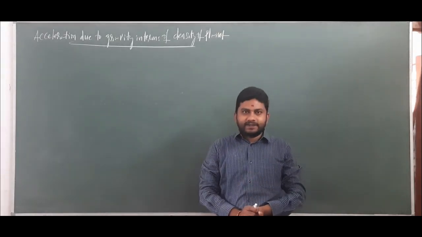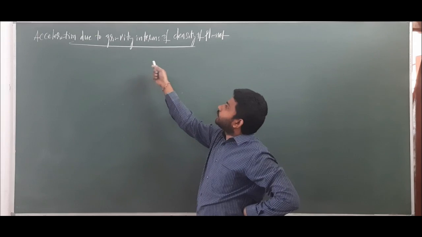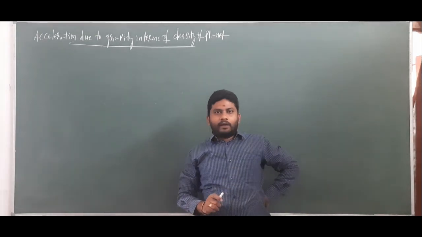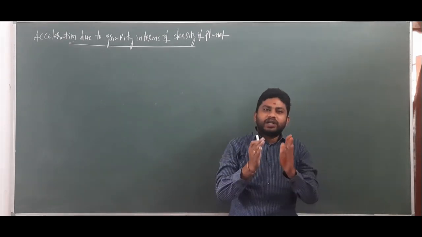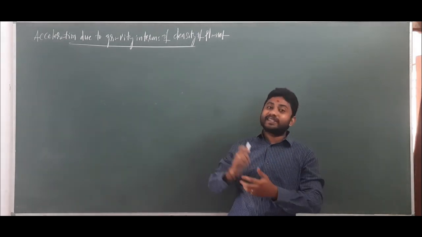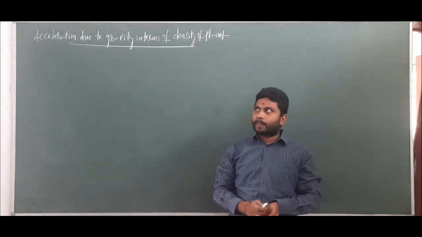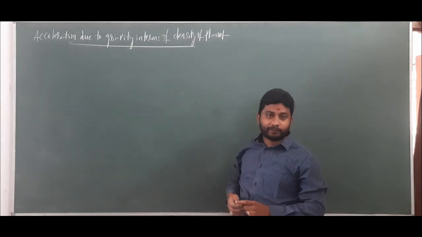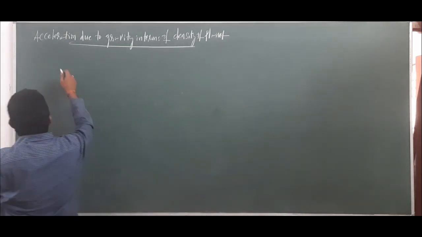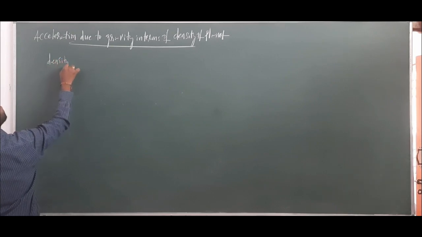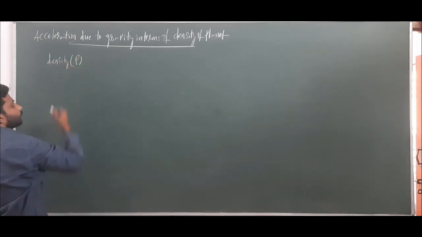Now, the topic is acceleration due to gravity in terms of density of a planet. Especially in your NEET exam, the questions can be asked based on this topic, because this is the relation between acceleration due to gravity and density of a planet. You know the density is denoted with a symbol called rho.